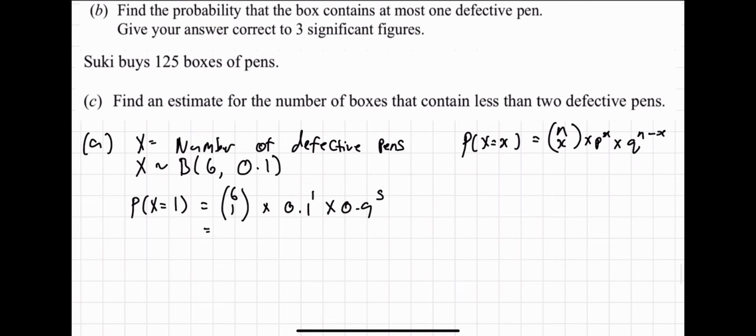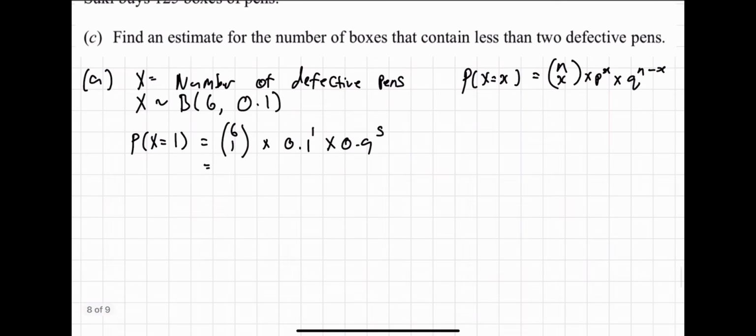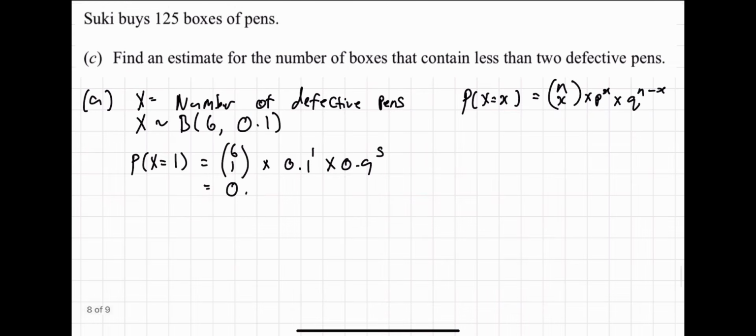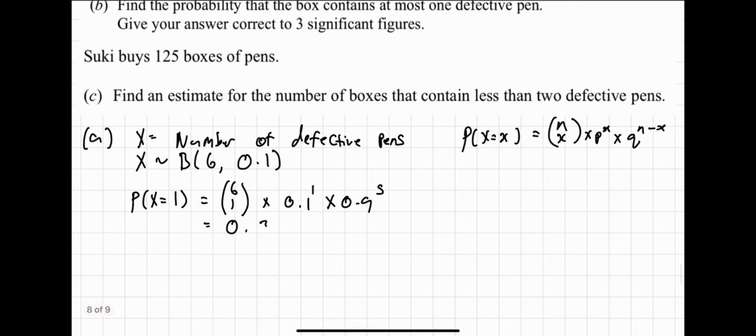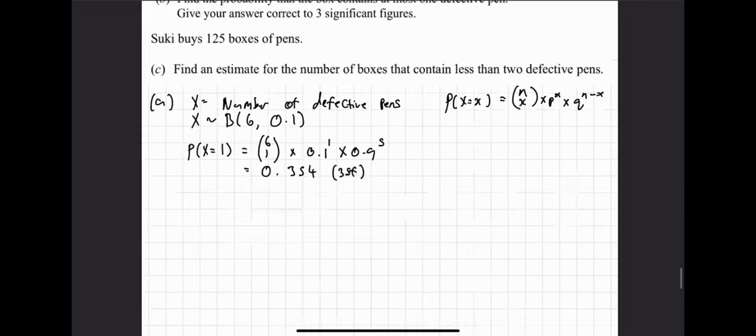Now I go to my calculator and I type this all in. 6 choose 1 times 0.1 times 0.9 to the power of 5. And I get 0.354 to 3 significant figures.